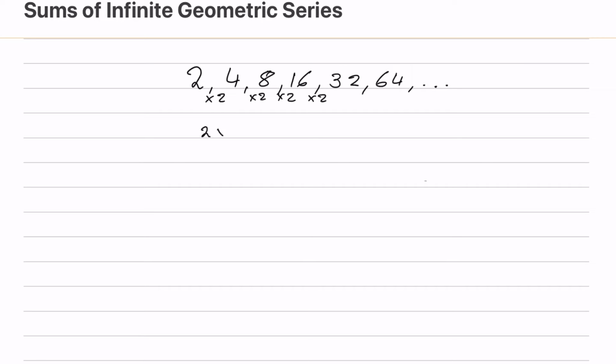We can represent this ratio by 2 times 2 to the n minus 1, n being the term in the sequence. If we take a geometric sequence and we add all of the terms in that sequence, we end up with what's called a geometric series.